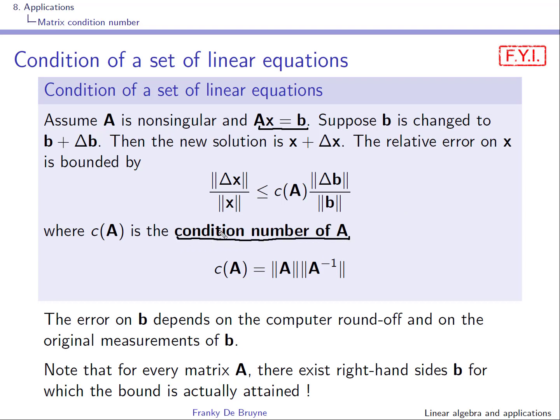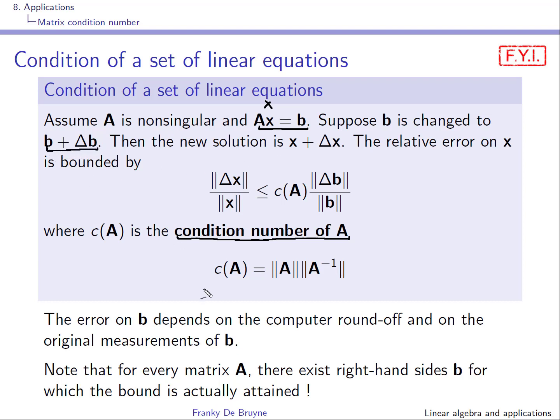Okay, let us assume that the real system is Ax = b, and associated is the actual solution x. But the system that you're solving is a little bit different in the sense that b is changed to b plus delta b.